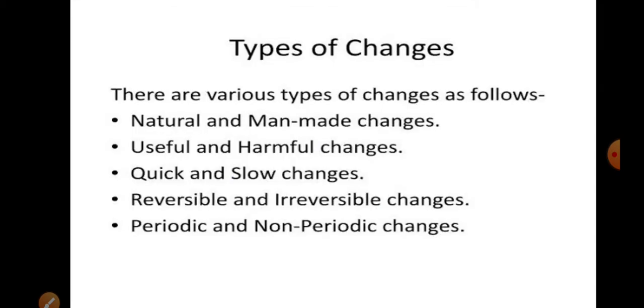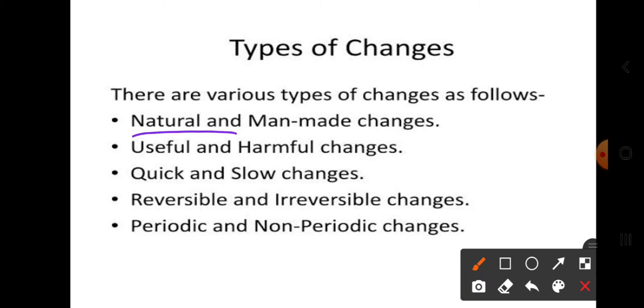Other than natural and human made changes, we can classify changes into other groups, like useful or harmful changes. Useful changes we can call desirable changes, and harmful changes non-desirable changes.